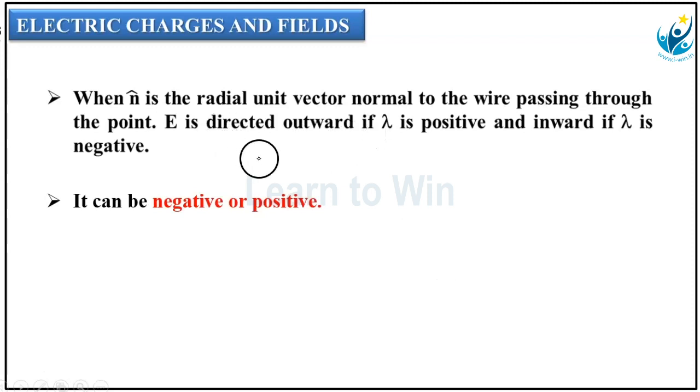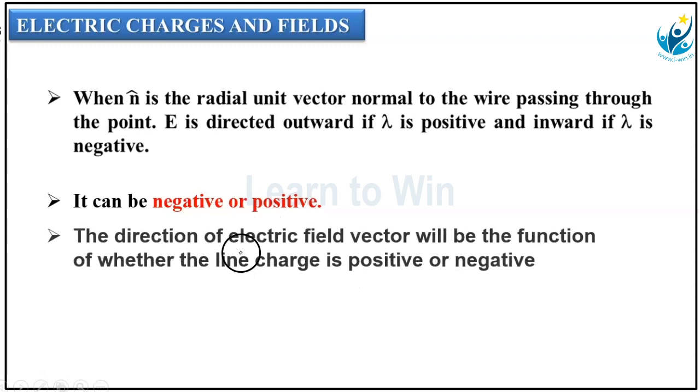If the wire is negatively charged, hence lambda is negative, then the electric field at a given point is directed radially inward. Means it can be positive or negative. The direction of the electric field vector will be a function of whether the linear charge density, means lambda, is positive or negative. Already I explained here.